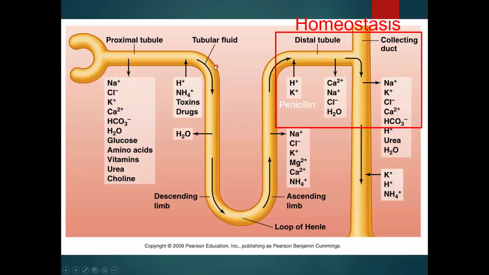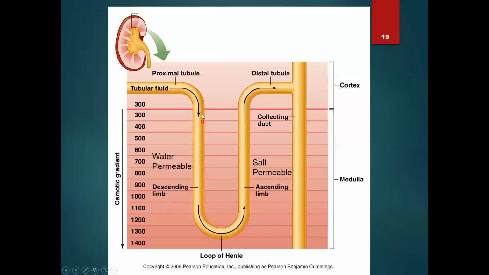One more thing I would like to note is that if you have more of a descending and ascending limb of the loop of Henle, you're going to have more water being taken up by the blood vessels around it. So we are able to measure the descending versus ascending loop of Henle, the osmolarity, so the osmotic gradient.